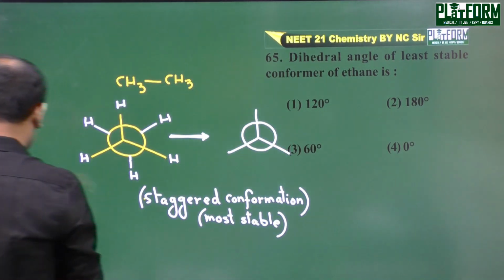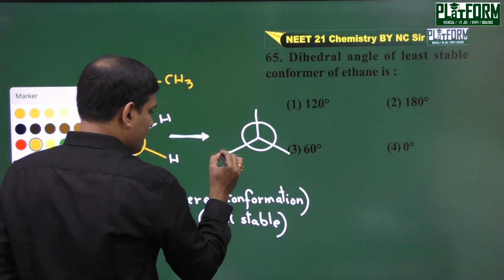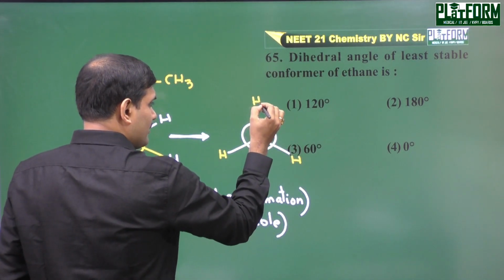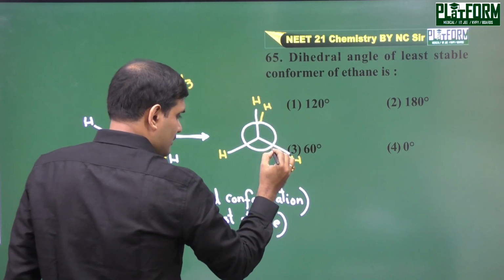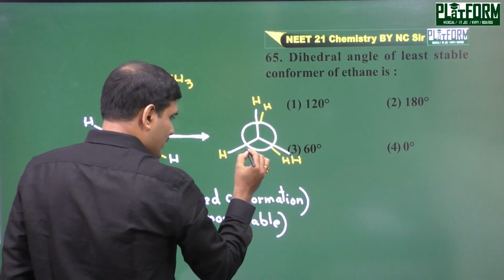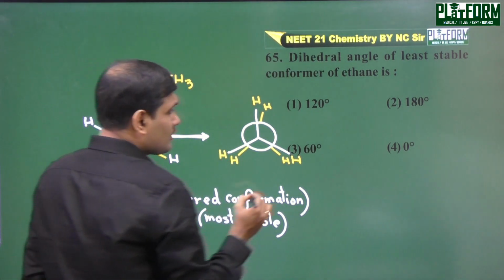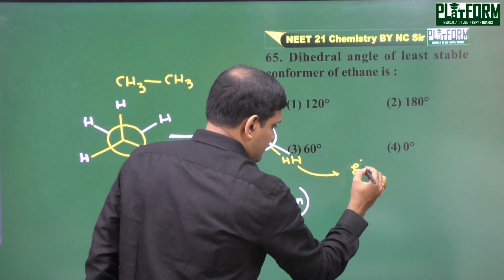where the hydrogen atoms of the back carbon coincide with the front carbon hydrogen atoms. Such a conformation is called eclipsed.